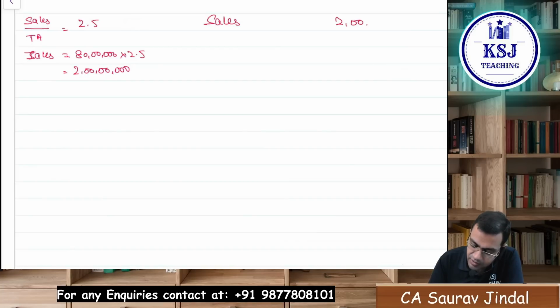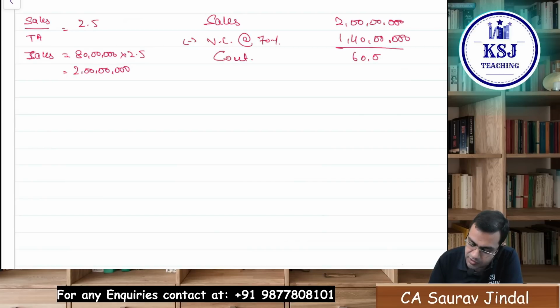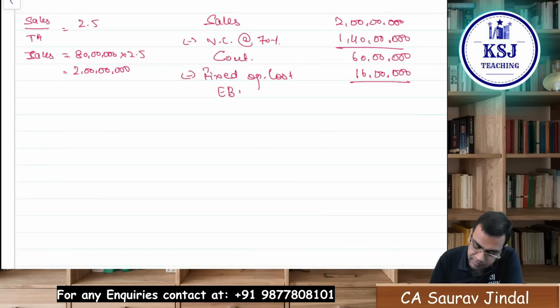From contribution, you will subtract your fixed operating cost. Fixed operating cost is given in the question as 16 lakh. So you will get here EBIT. EBIT will be 44 lakhs.